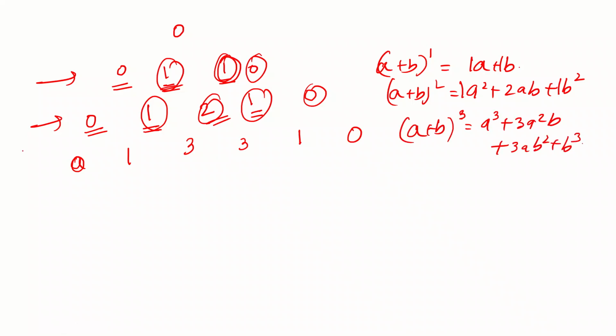In a similar way, if you keep on adding these, again 0 plus 1 is 1, 1 plus 3 is 4, 3 plus 3 is 6, 3 plus 1 is 4, 1 plus 0 is 1, and again zeros on the extreme ends. This will give you the coefficients for (a + b) whole to the power of 4.